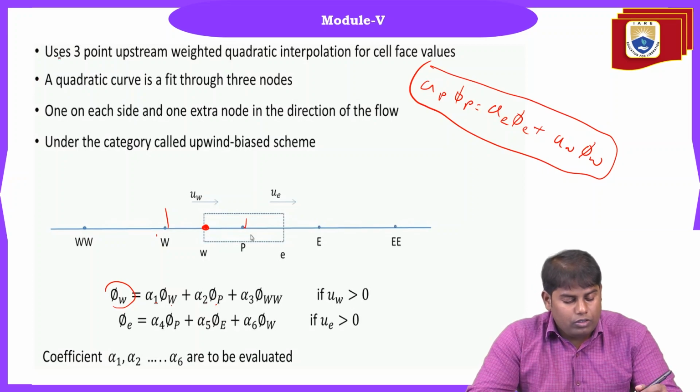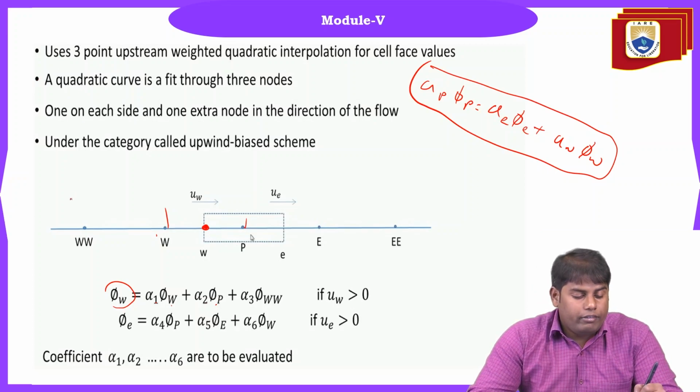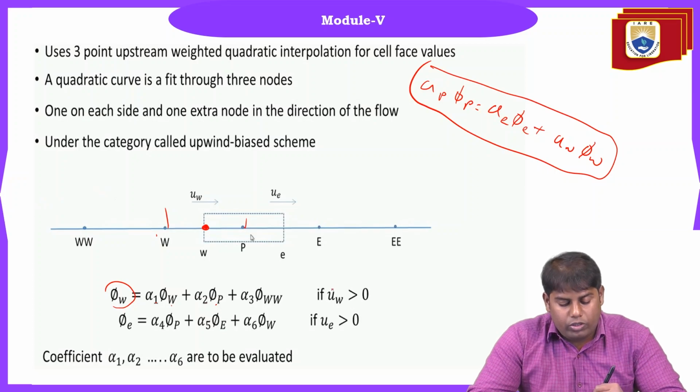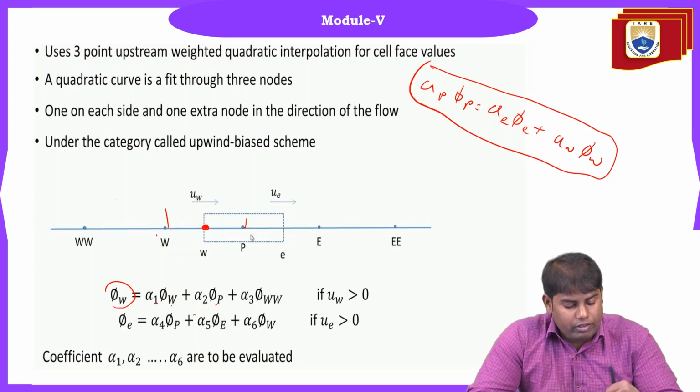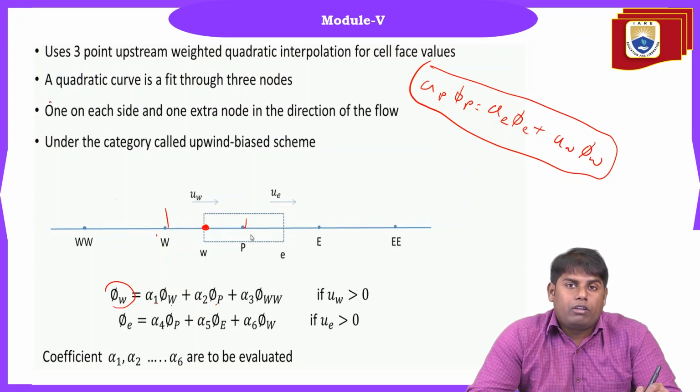Similarly, let's say the wind is coming this way, so uw is greater than 0, and coming this way, ue is greater than 0. Basically, by doing some mathematical operations, we will evaluate these coefficients alpha 1, alpha 2 and alpha 3. Fine.